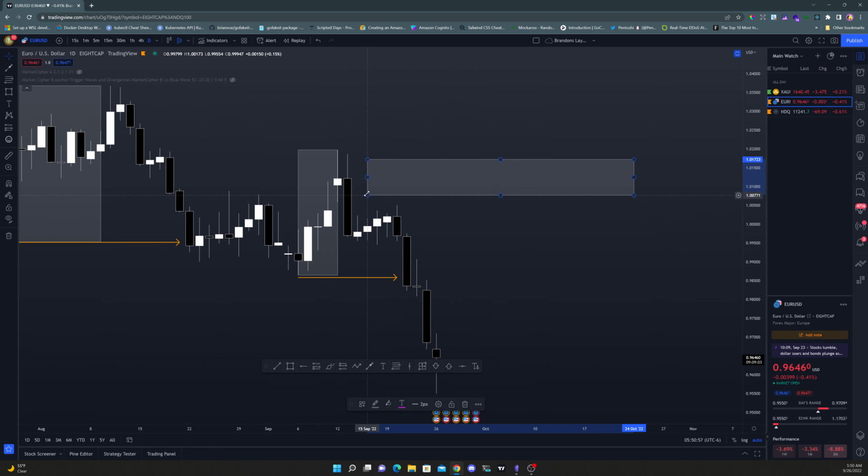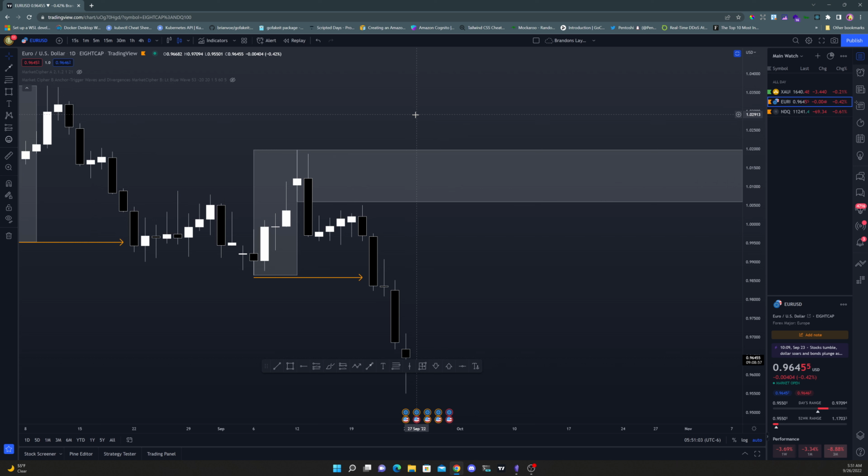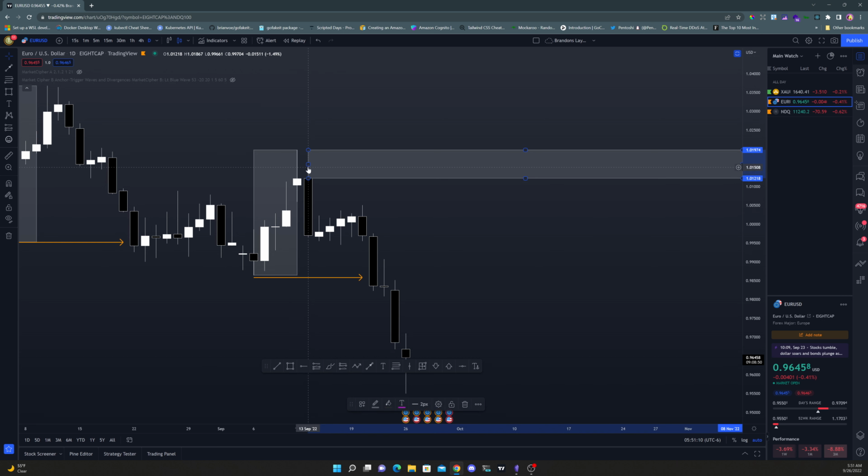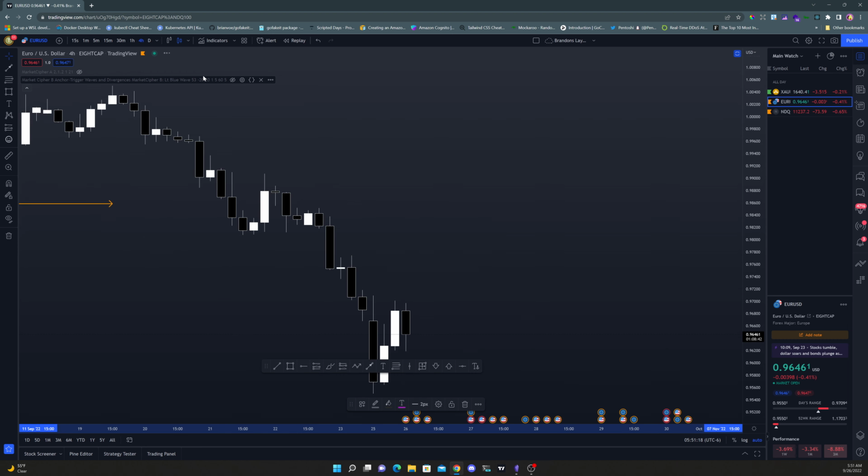And I guess technically, you could look for it to come back in here because it did open. It looks like it pretty much mitigated most of it, but you could argue that this is an unmitigated wick because it's a wick on a lower time frame. That's an unmitigated zone. So we can go down to the 4-hour.